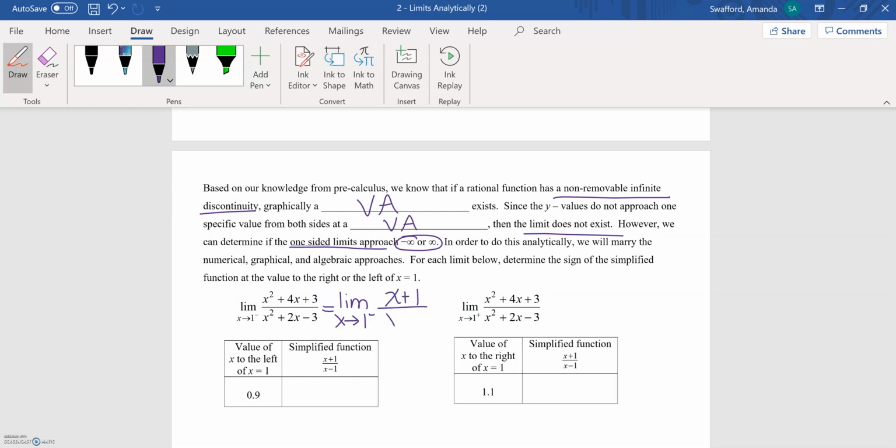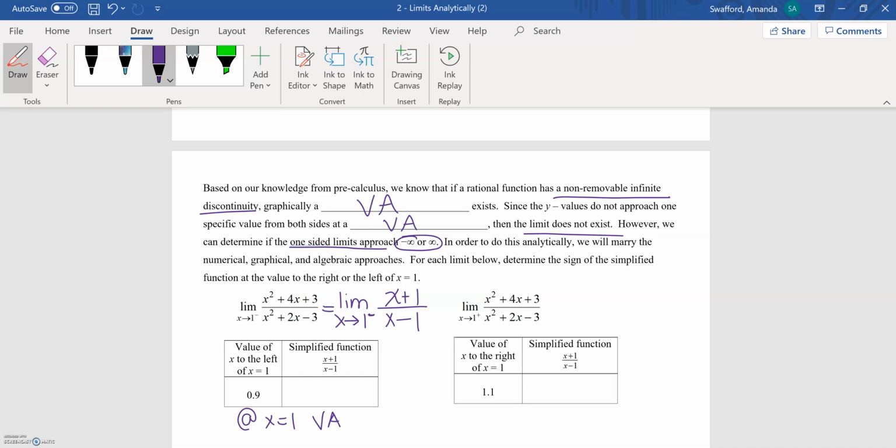And when we factor, we get x plus 1 over x minus 1. You can go back and look at the factoring we just completed a minute ago. This is the same function. But when I plug 1 in, I still have 0 in the bottom. So we have to know that at x equals 1, there's a vertical asymptote. So the limit doesn't exist.